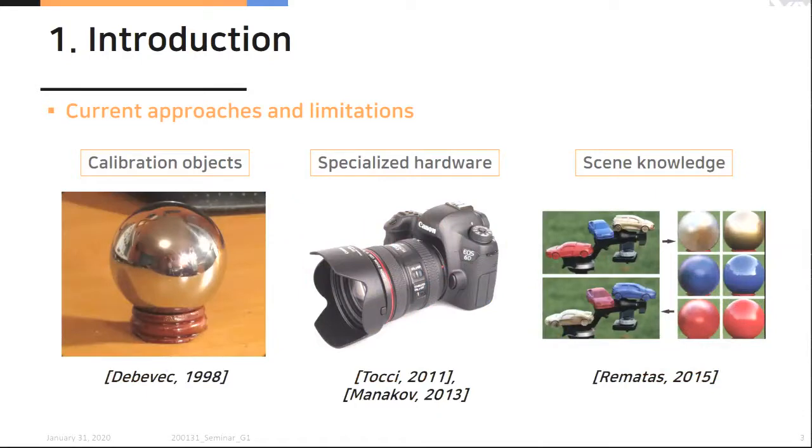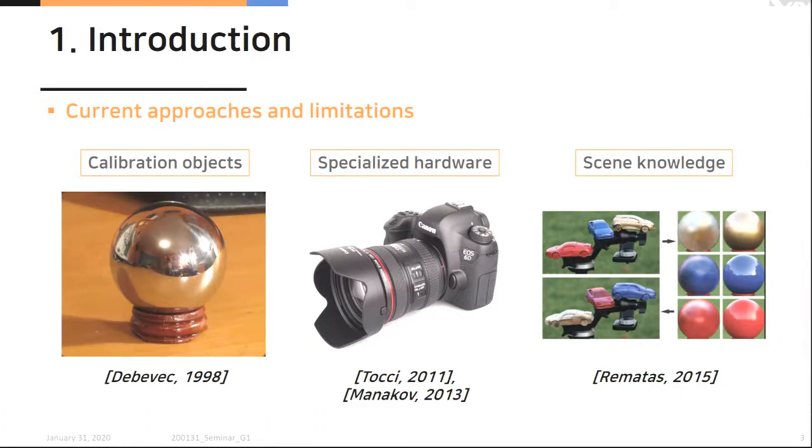So, the current approaches and limitations: there are a lot of limitations right now. To get the illumination to render perfectly, you have to calibrate the camera and you have to set the chrome ball to get all the light locations, intensity, and also specialized hardware. You cannot get the illumination information by using your phone.